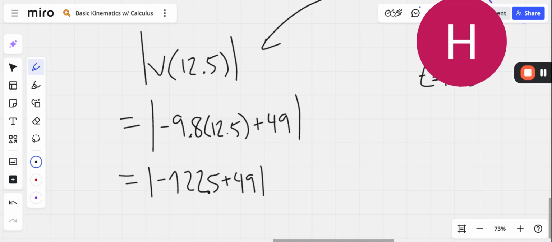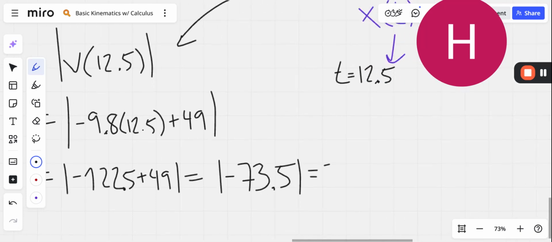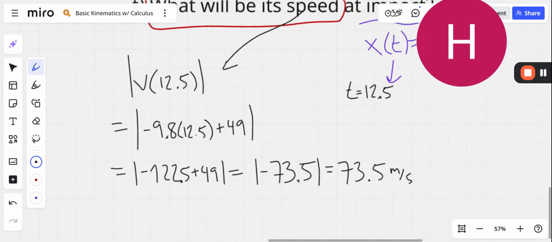And then we have plus 49, so we're basically just subtracting those. So we're going to get the absolute value of negative 73.5, or 73.5. And this is going to be in meters per second. It is going downwards, but we don't really care about the direction when we're answering a question about the speed. Okay, so very fast indeed.